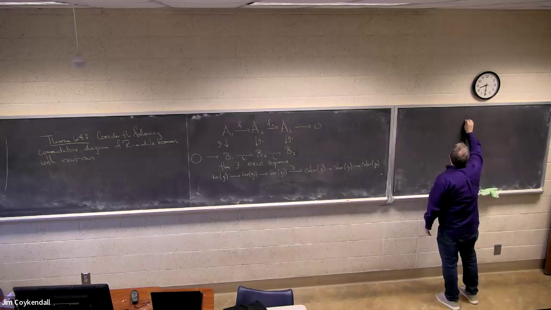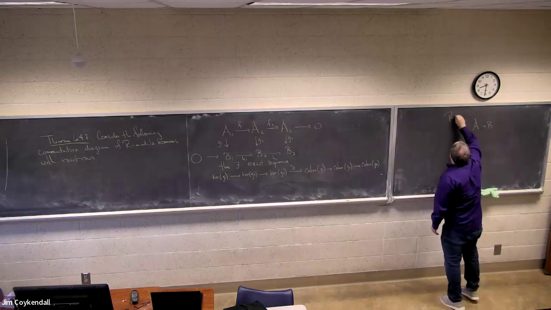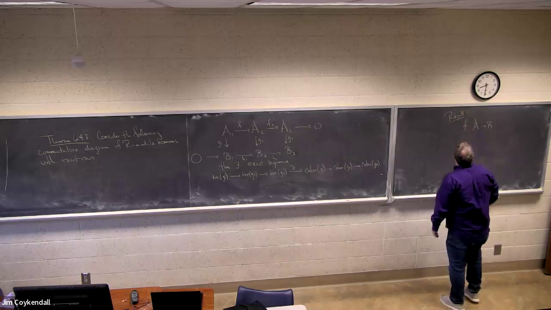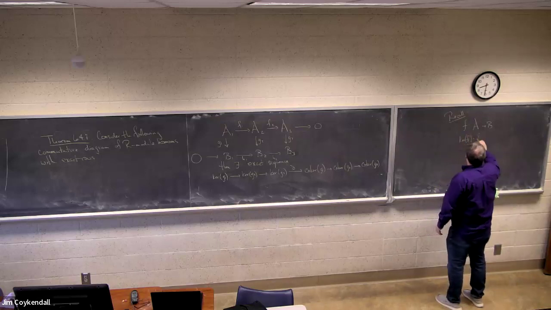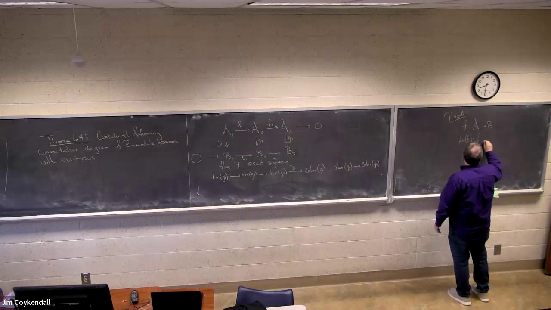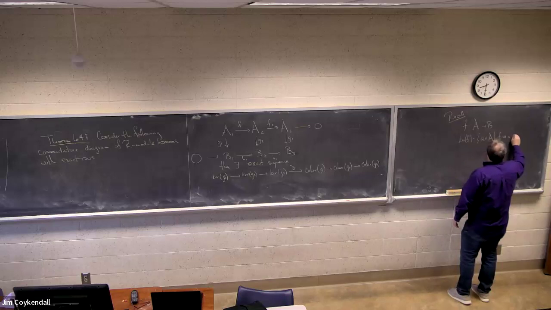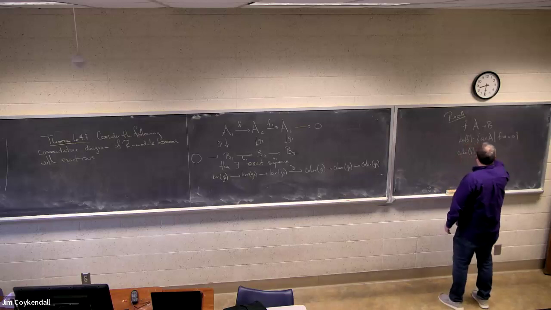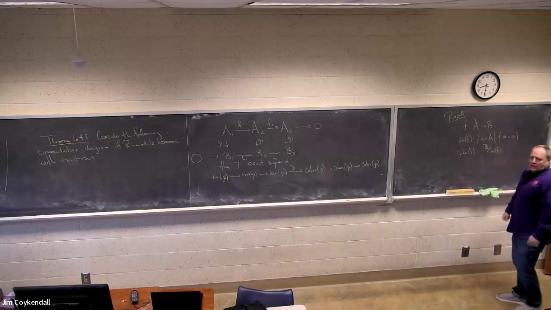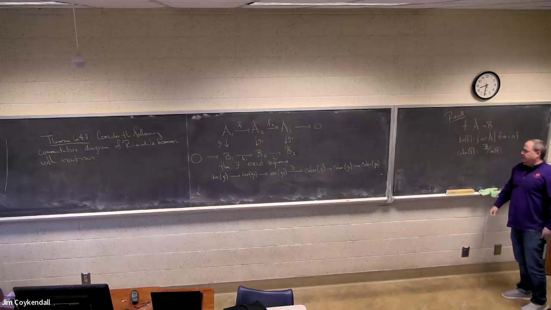If you have some homomorphism F from A to B, then the kernel of that is the stuff in A such that F of A equals 0, and the co-kernel of F: the image of F is a submodule of B, and when you take B and mod out by whatever that submodule is, this is the co-kernel.